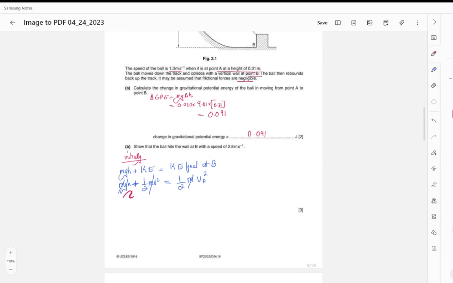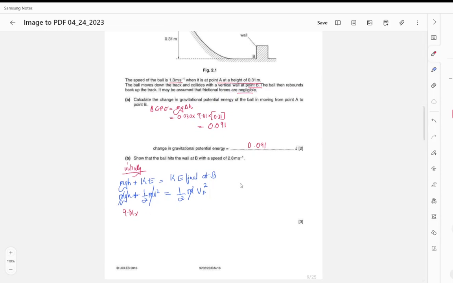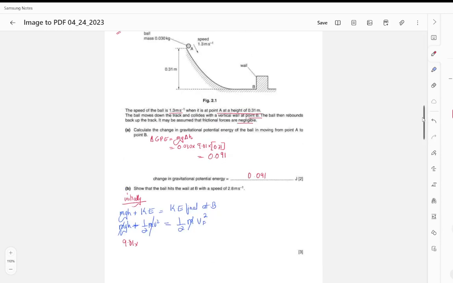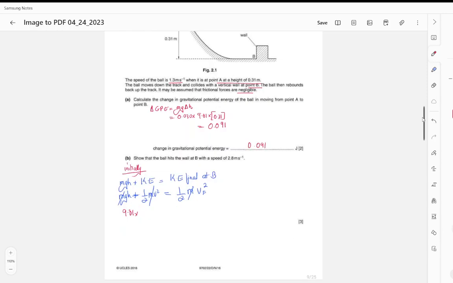So gh would be 9.81 times the height, which is 0.31, plus half times the initial speed, 1.3 squared. This is equal to one half v final squared. So let's just pull this calculation off and see what happens.